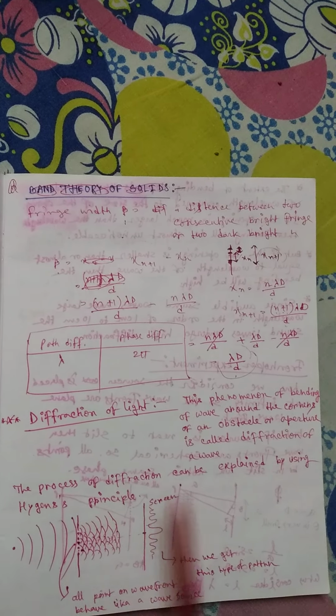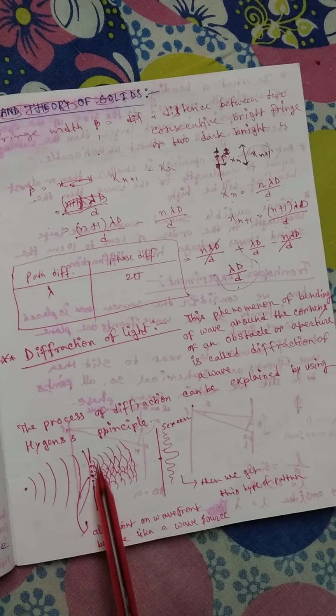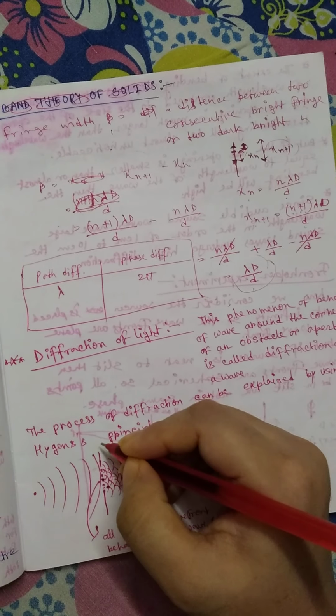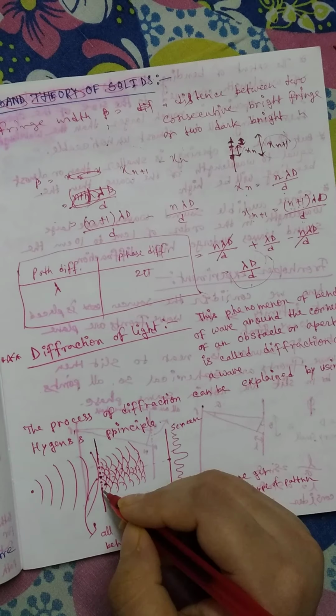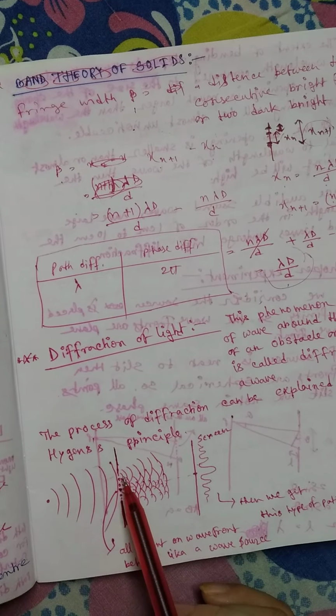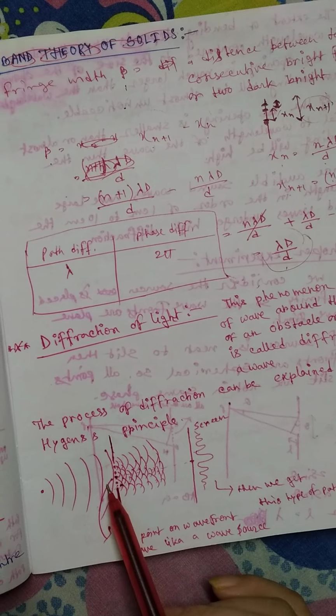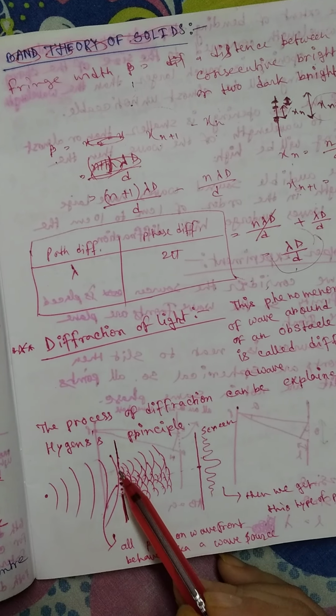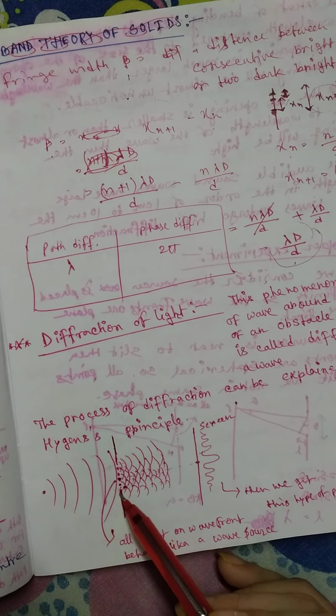Just look here. This is a single slit. In this gap, all the points behave like wave sources, and each and every point in this gap generates a new wave. All the waves interfere with each other, and this is the screen, where we observe a pattern like this.